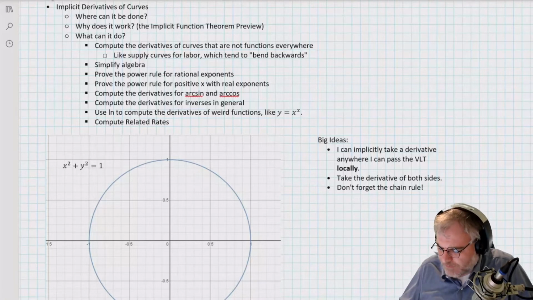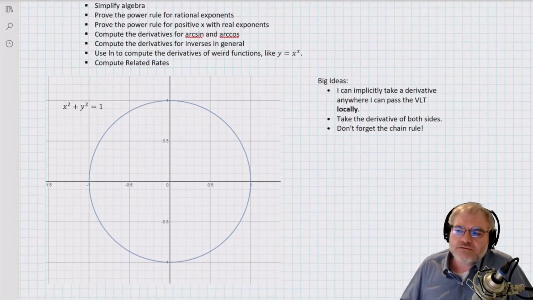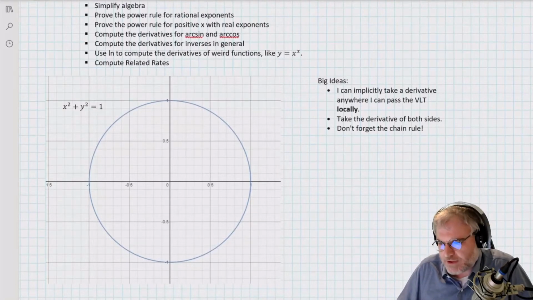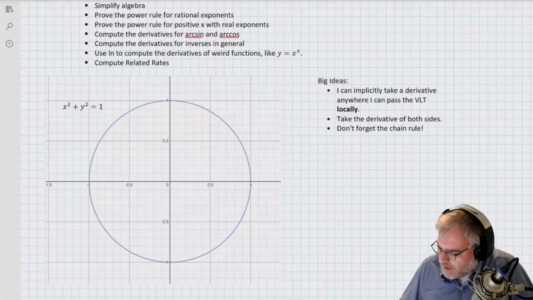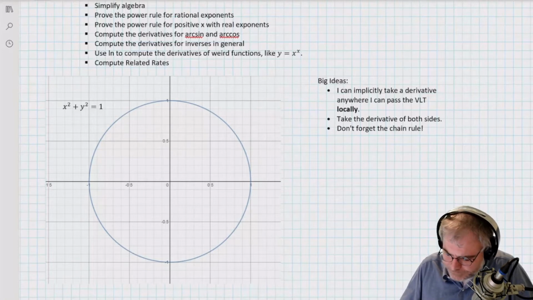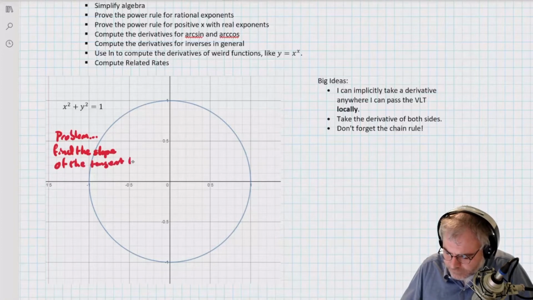So the example of this is always x squared plus y squared equals 1, the circle. And what I want to do, the problem: find the slope of the tangent line at some x and y.